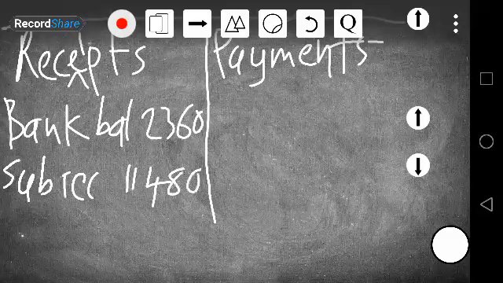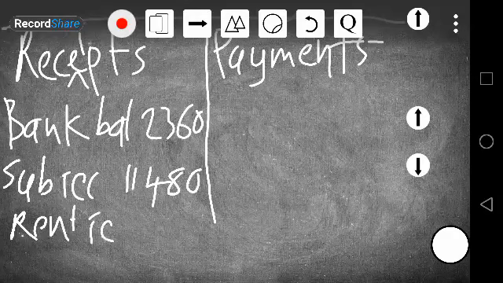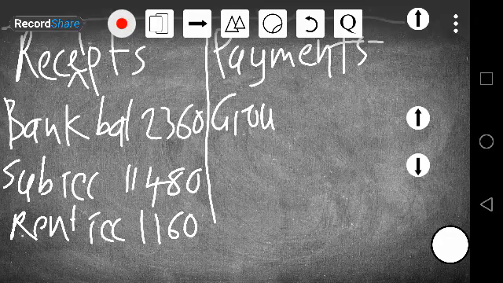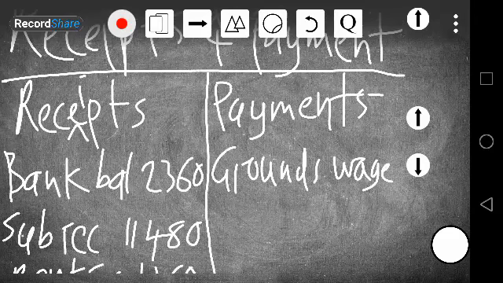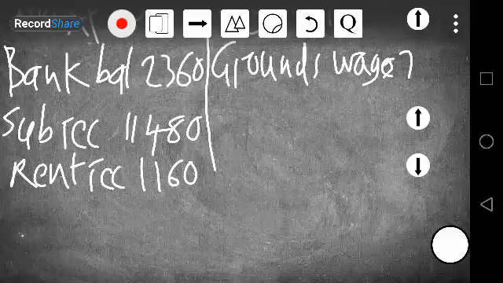We have things like rent received, 1,160. And on the payment side, we have things like groundsman's wages. Groundsman's wages, 7,208.